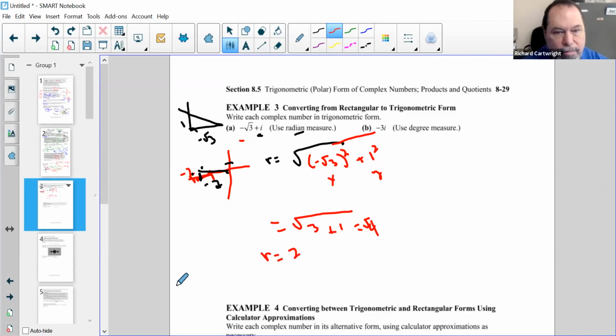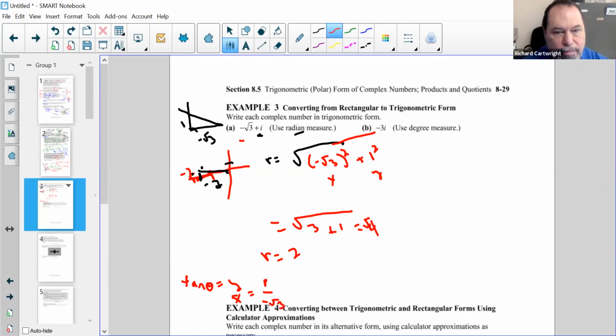Now I still need the angle. Tangent of theta is y over x. The y was the bi, so that was a 1, over the x, which was a square root of 3. I'm sorry, it was a negative square root of 3.